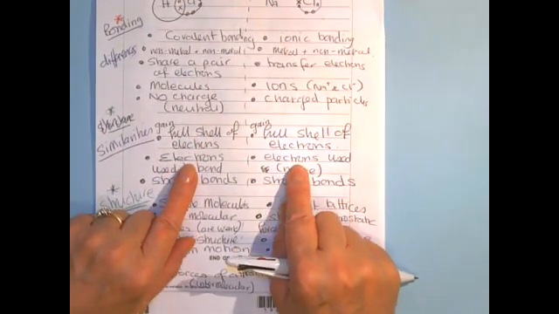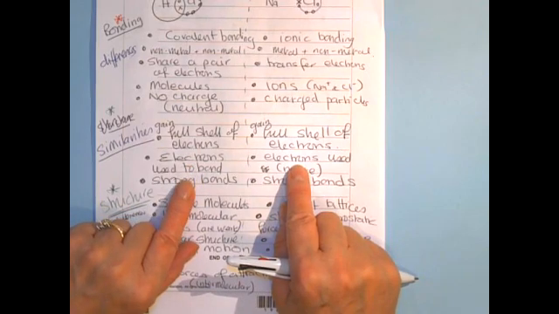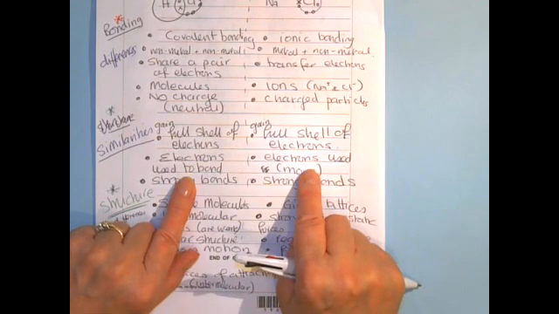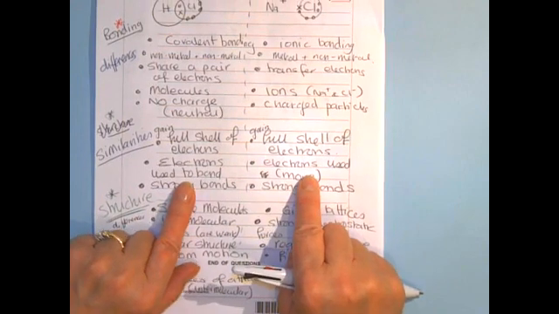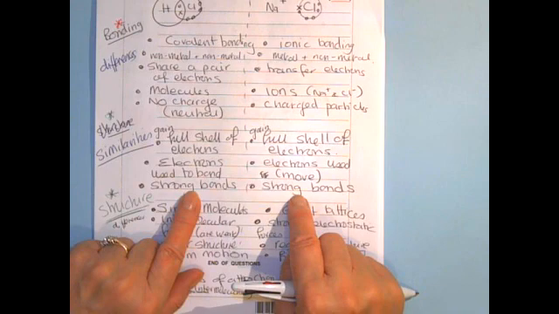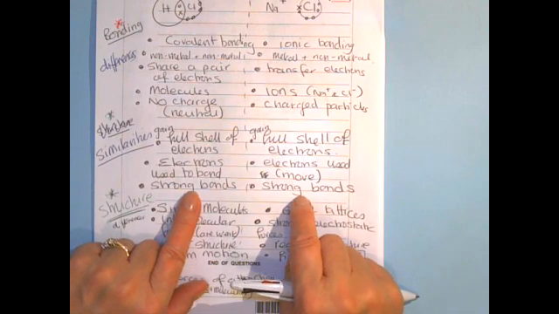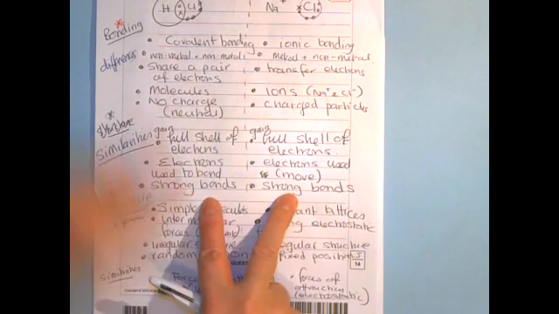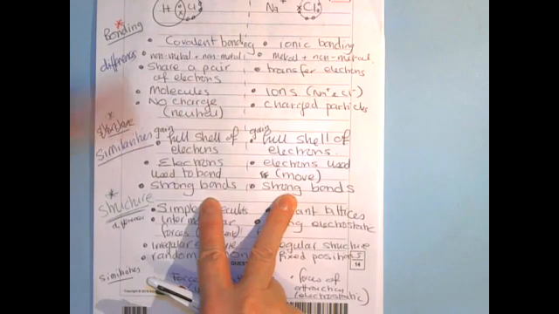The other similarity is that we use electrons in the bonds, or the electrons move to create electrostatic forces. We've got strong bonds. Both the chlorine covalent bonds are very strong, and in sodium chloride the electrostatic forces are very strong. So that's the bonding. So we can see the similarities and the differences.